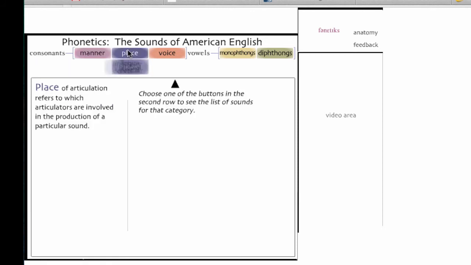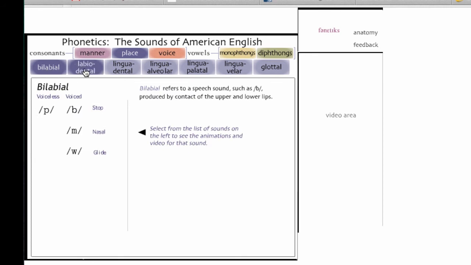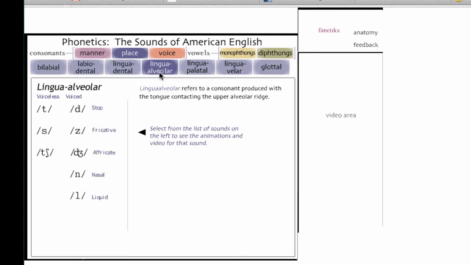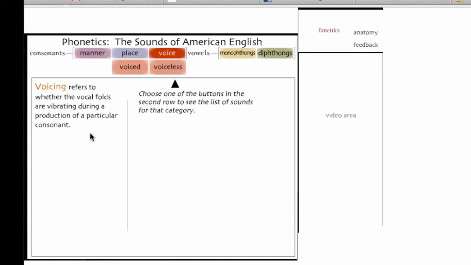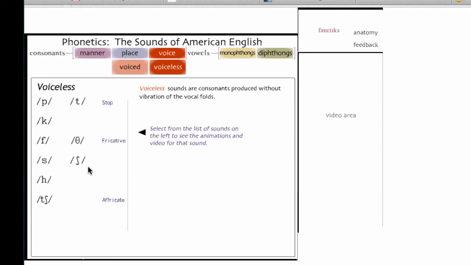It also goes into place of articulation, so it could be bilabial, labiodental, linguadental, alveolar, and it goes by voicing as well. So these are the voiced sounds in English, and these are the voiceless sounds in English. As you could see, the combination of these already has the answers for what you have to do.